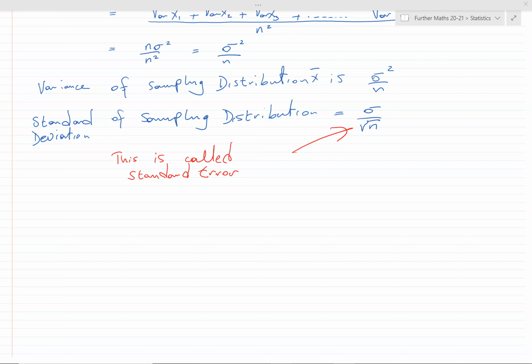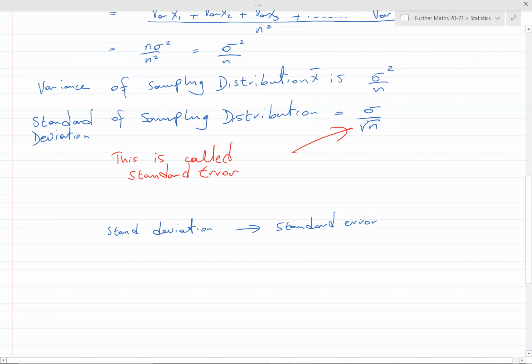And just before I go, this square root of n is quite significant, because the standard error involves a square root.